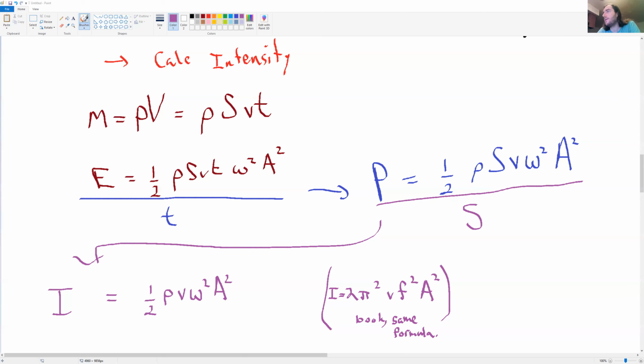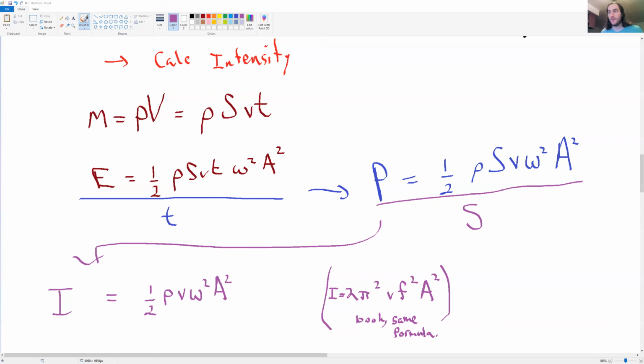Double the frequency of the wave, what happens to the intensity? Good. So intensity goes up by a factor of 4, right?